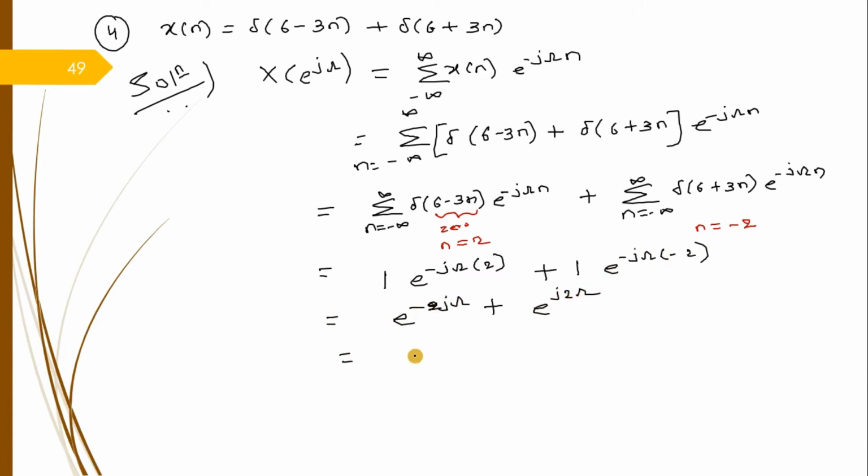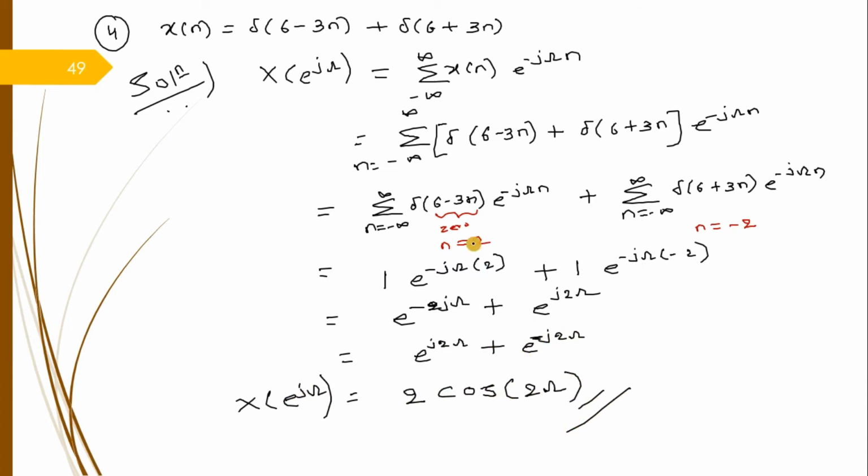I write it in the normal order: e raised to j 2 omega plus e raised to minus j 2 omega. If you imagine 2 omega as theta, e raised to j theta plus e raised to minus j theta, I can write it as 2 cos of 2 omega. That's it. That is your answer.